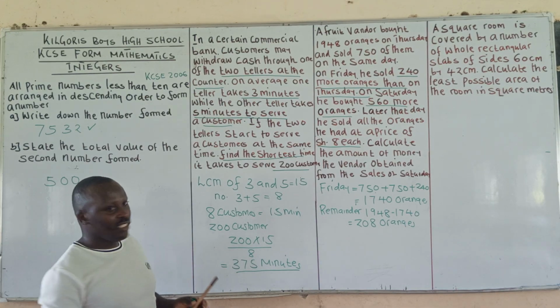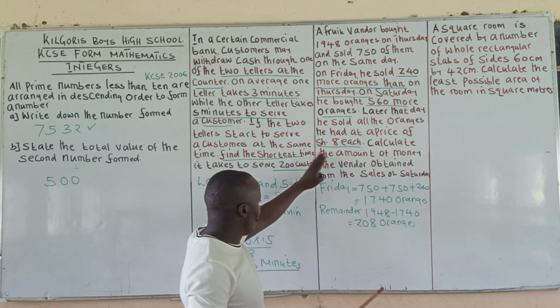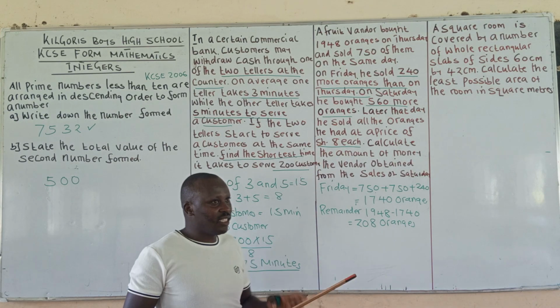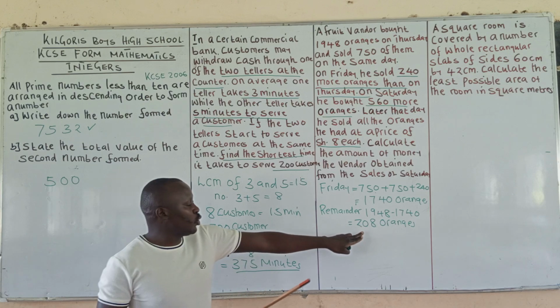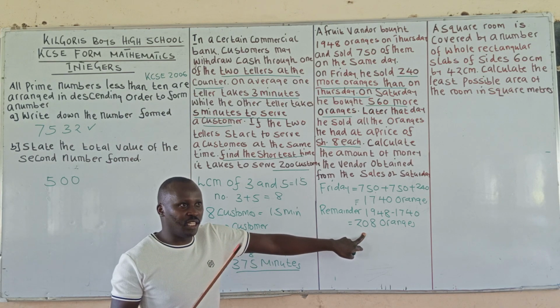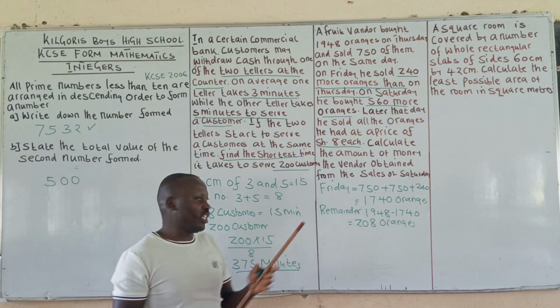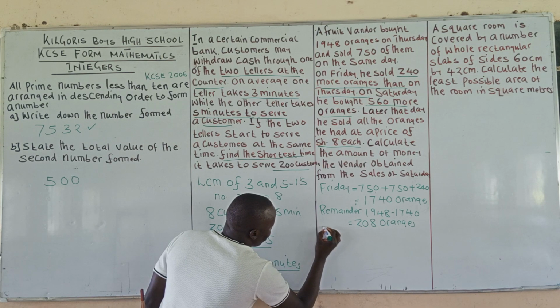Then on Saturday, he bought 560 more oranges. Remember, this one remains from Friday. So on Saturday, he bought 560 oranges.